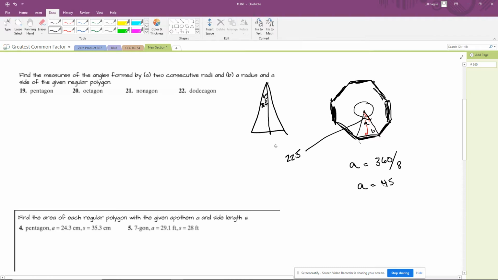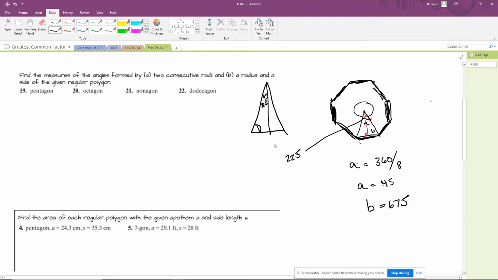If I subtract that from 90, that would give me the angle on the side. So the B angle would just be 90 minus 22.5, which is 67.5. So again, I found A to be 45. To find B, I drop this down, find the angle up top to be 22.5 and subtract it from 90.